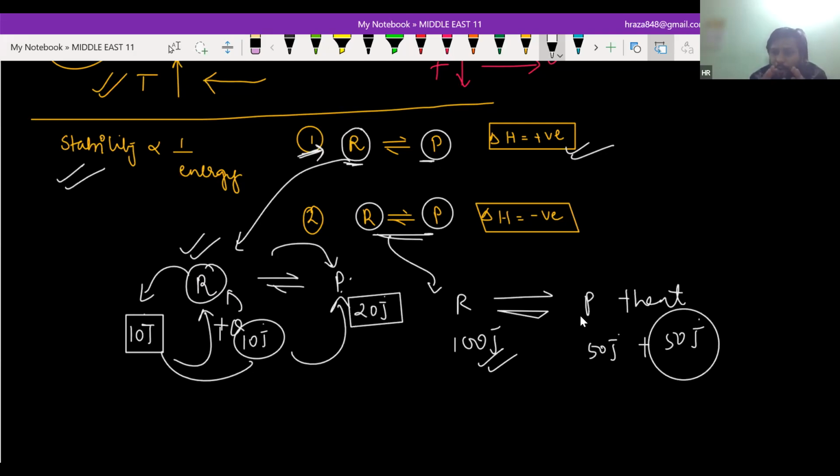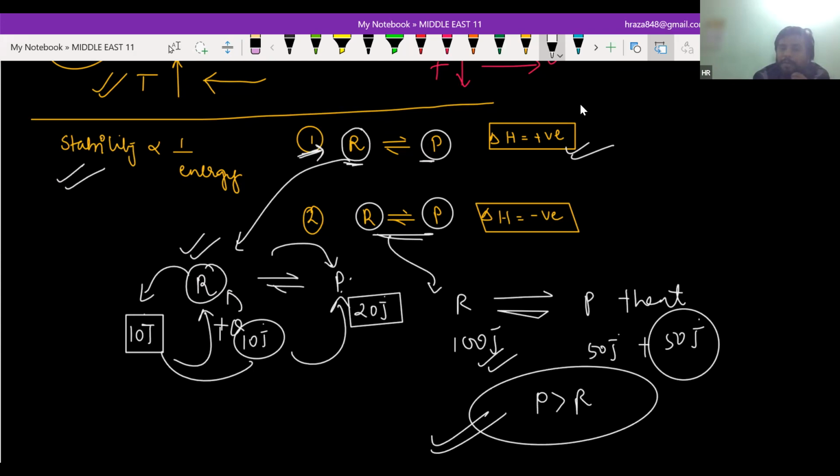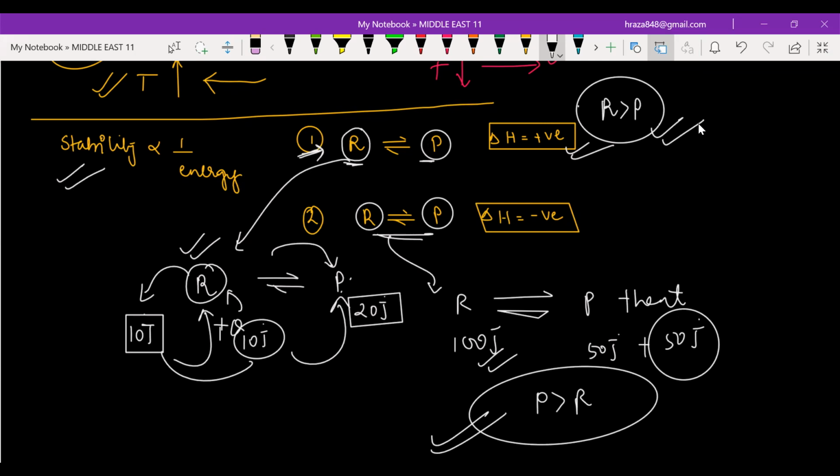That's why in an exothermic process, product is more stable than reactant, and in an endothermic reaction, reactant is more stable than product. Fawaz, is that clear? Yes, sir. Krishna, Arsalan? Yes, sir. Clear.